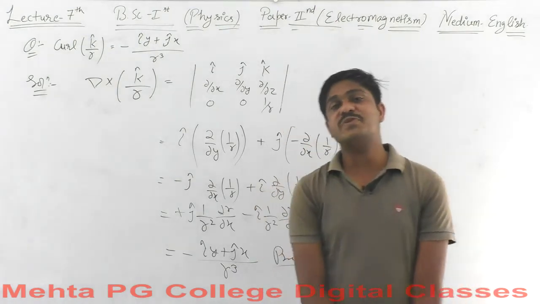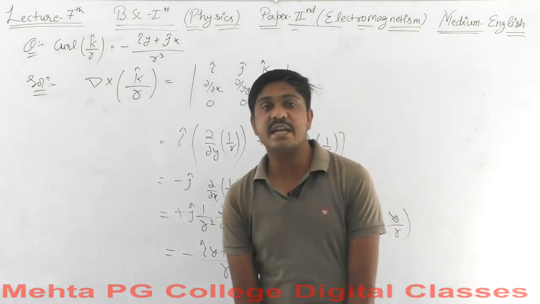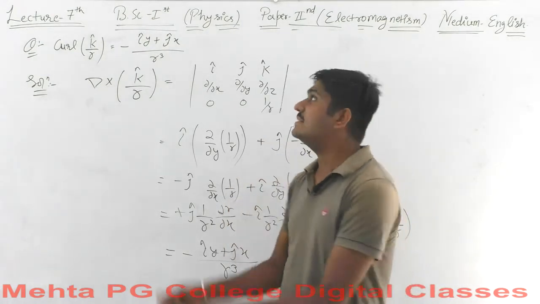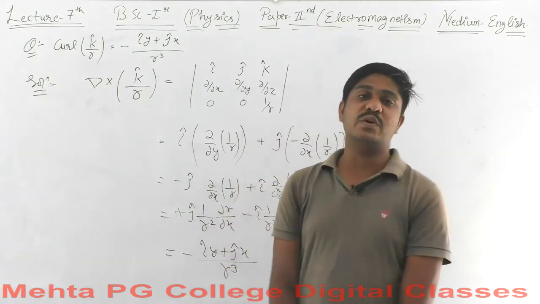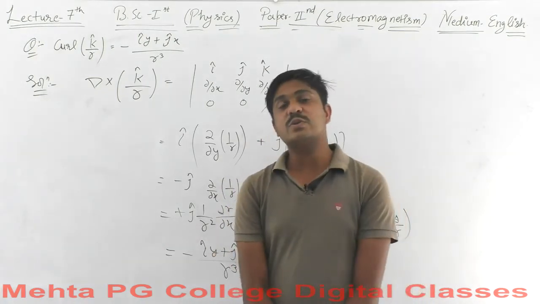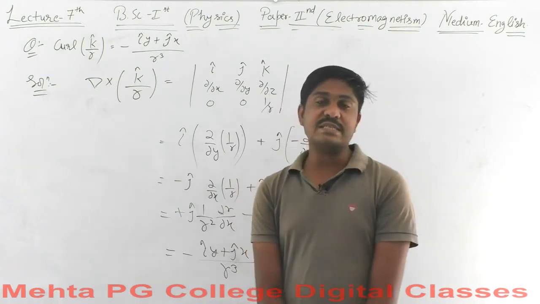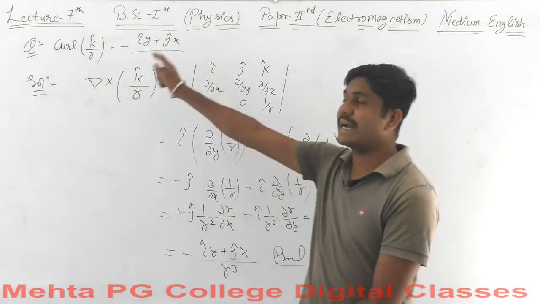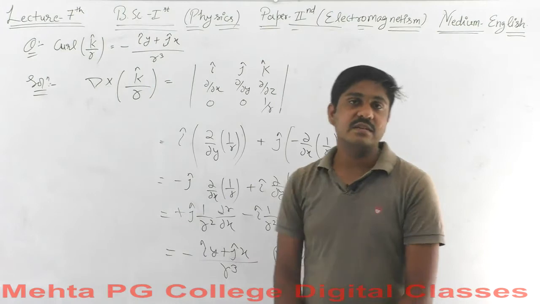All the examples discussed in the previous lecture, lecture 6, and now in lecture 7, are all important from your exam point of view, and also to give you perfection in your calculus. If you deal with these kinds of examples, you will go through proper practice.